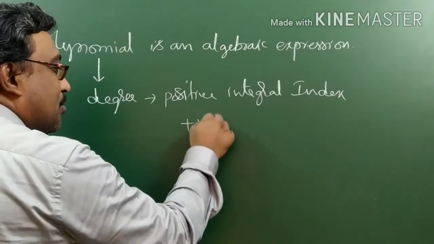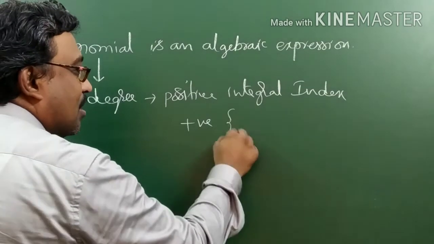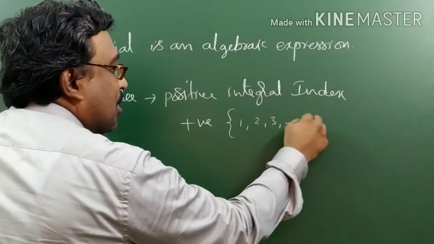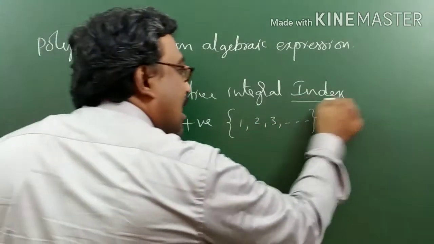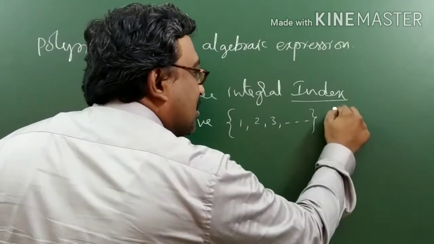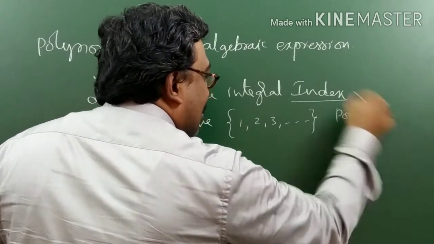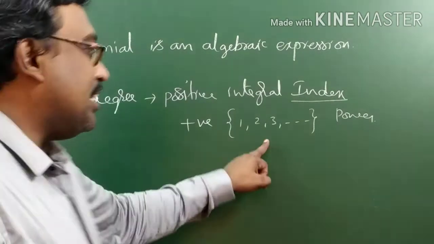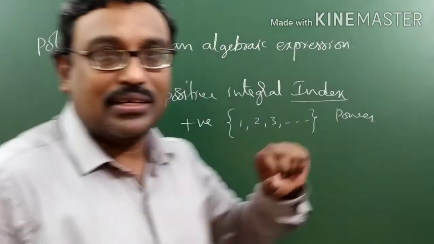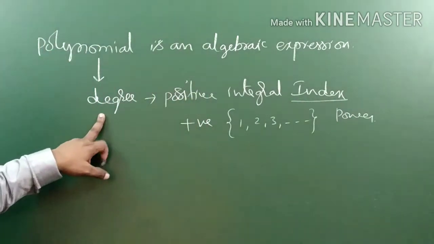Positive integers are 1, 2, 3, 4, and so on. Index means power. So positive integers as the power, then it is called the degree.